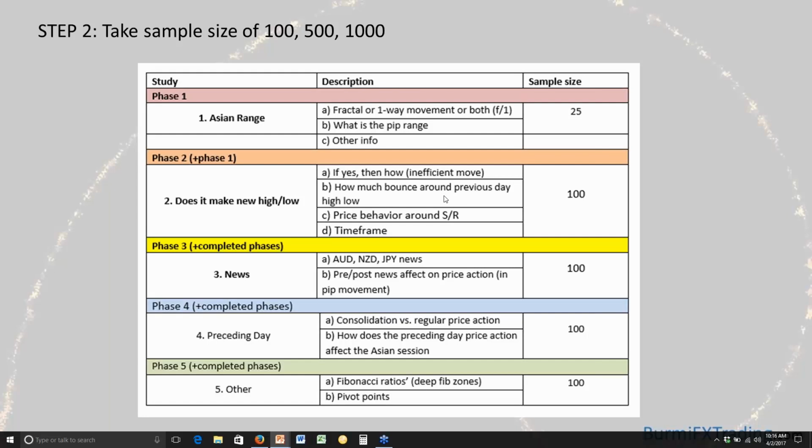So basically what that's telling you is, let's say you take a sample size of 100, and maybe 70 times, 80 times price goes to previous day highs, and before it breaks previous day highs, it's always bounced like 15 pips or 20 pips, and it does that like 70 times out of 100.